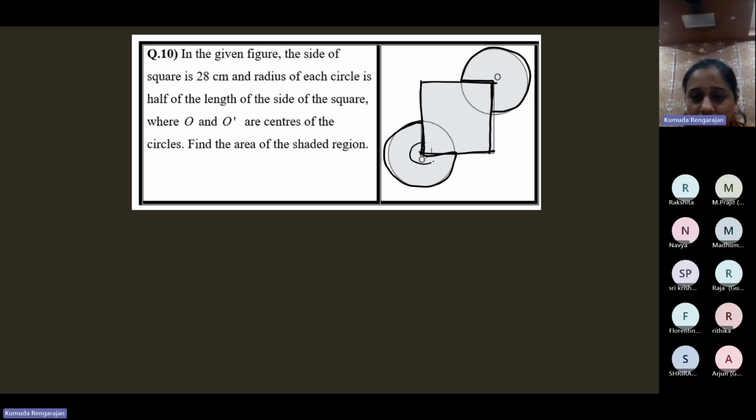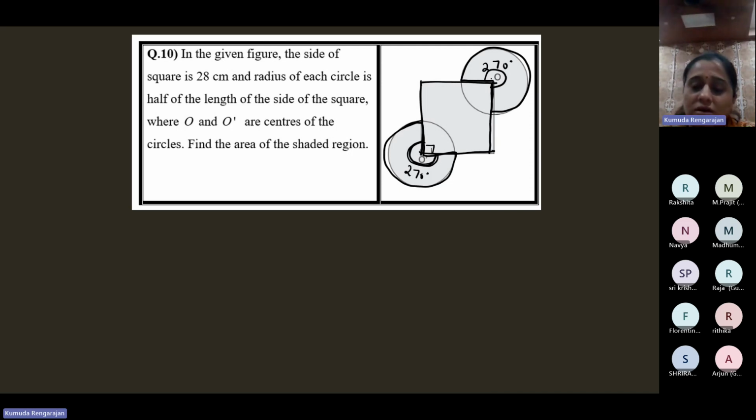So this angle will be how much, Raja? Ma'am, 270 degrees. This also will be 270, the angle in the major sector. The angle in the major sector is 270 degrees because here it's 90. So 360 minus 90, 270.